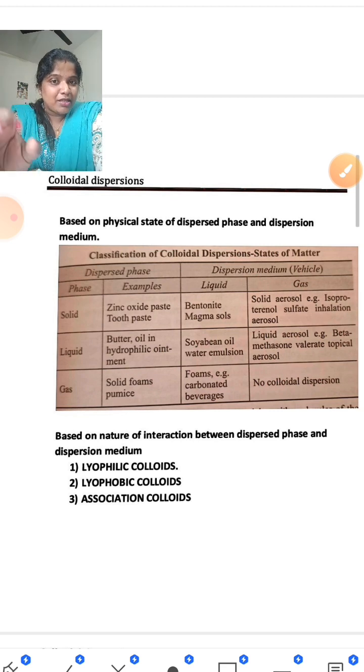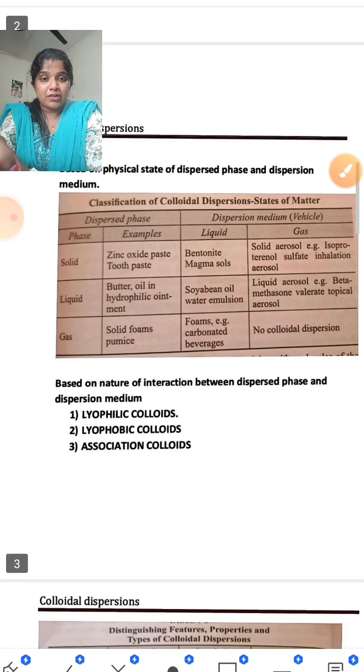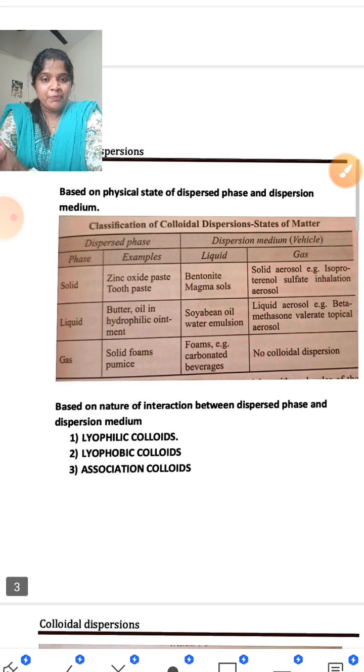The dispersed molecules we can call the dispersed phase. The next is liquid, like butter and oil in hydrophilic ointments. And the next is gas, such as solid foams and pumice.